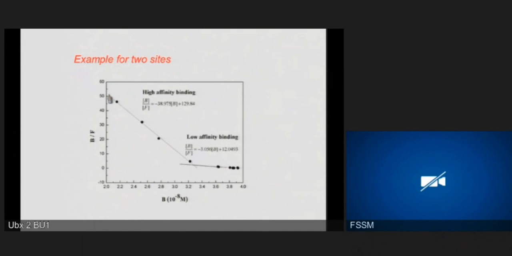And you can determine it by saying, okay, I will select those dots, and indeed I have a straight line, and those dots, I have another straight line. And the slope is completely different between the two binding sites. Here minus 38 and here minus 3. So with the representation of Scatchard, you can determine the existence of different sites.